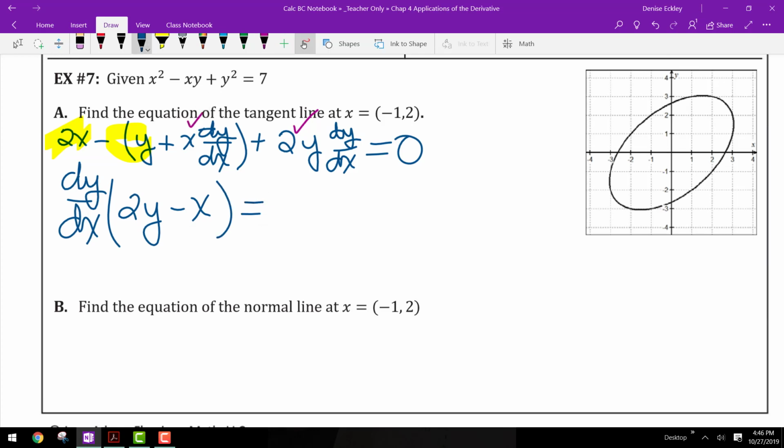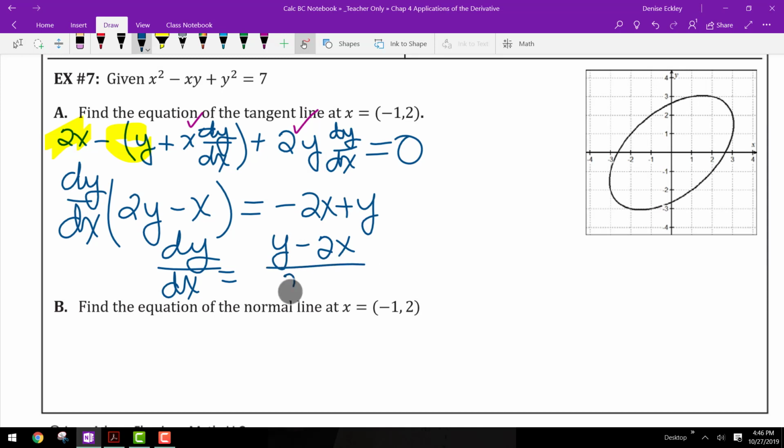And that's going to equal negative 2x plus y, or y minus 2x, however you want to write that. So dividing both sides by 2y minus x, dy dx is going to equal, and I'll switch those around, y minus 2x over 2y minus x.